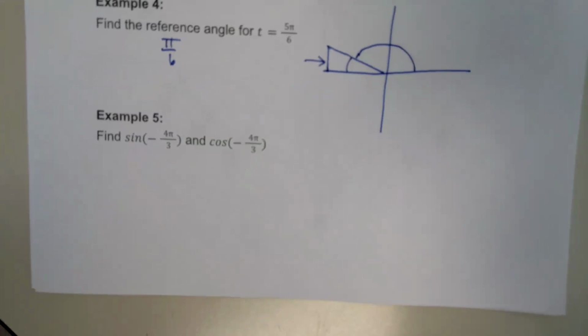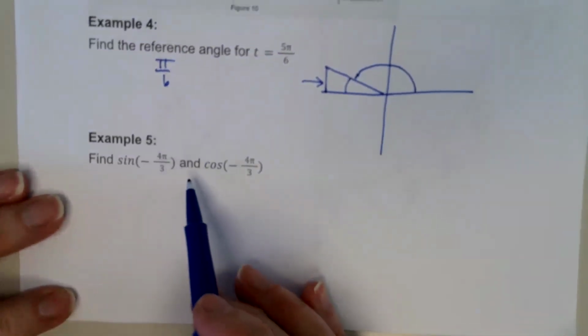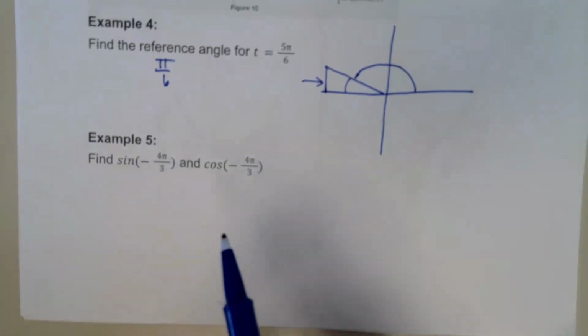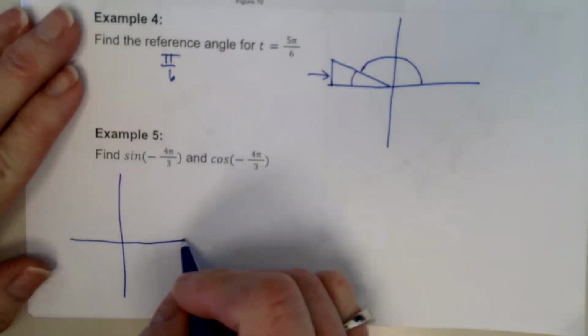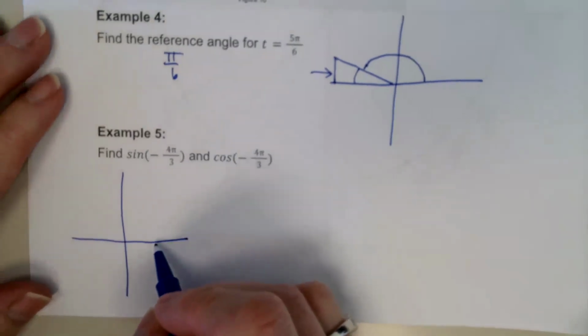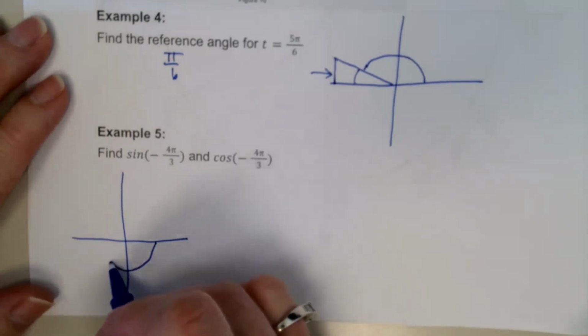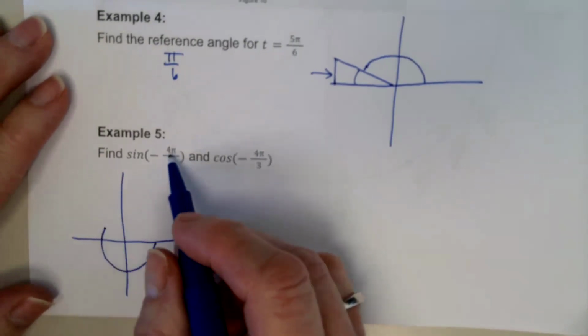For example, 5 says, find sine of negative 4 pi over 3 and cosine of negative 4 pi over 3. So first, it's negative, and so we're going in the opposite direction. We're going clockwise, and we're going a full pi, and then into this quadrant here.